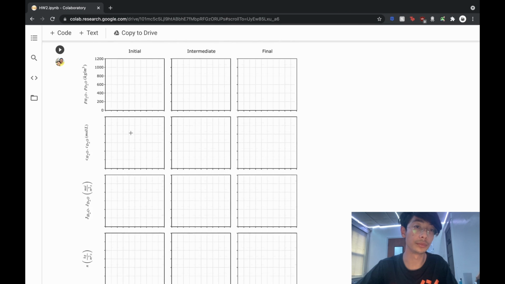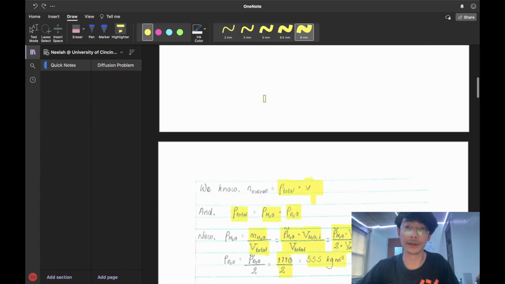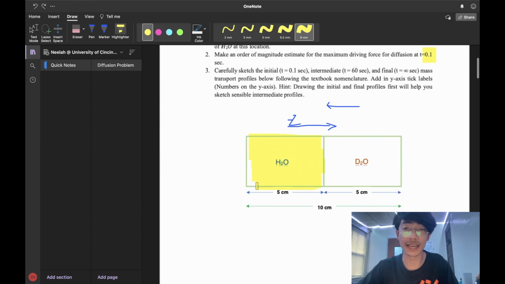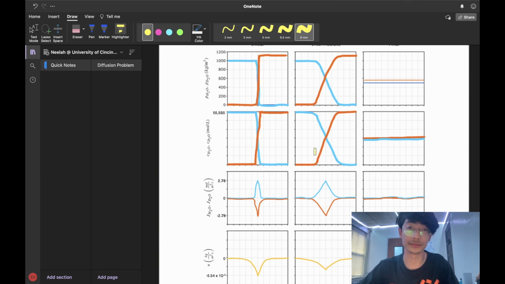We're plotting these with the position on the x-axis, so it would mean along the z-axis of the capillary, which, as I already mentioned before, starts with a 0 right here and ends with a 10 here. Okay, so let's see what the graphs look like.